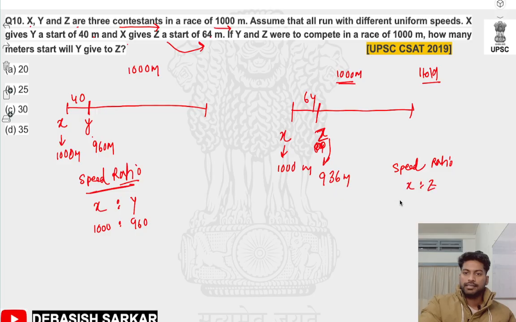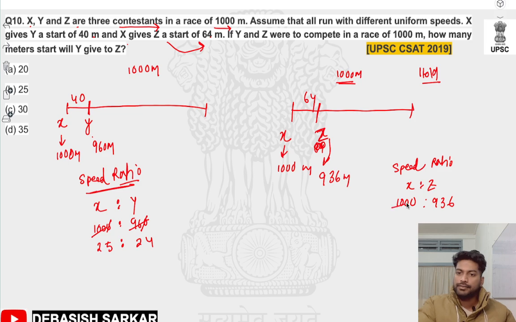X and z 1000 and 936. So here 0 and 0 gone, that will be your 4 times 25, and here 4 times कितना होगा? 24. अच्छा, here 4 times 125 होता है क्या?